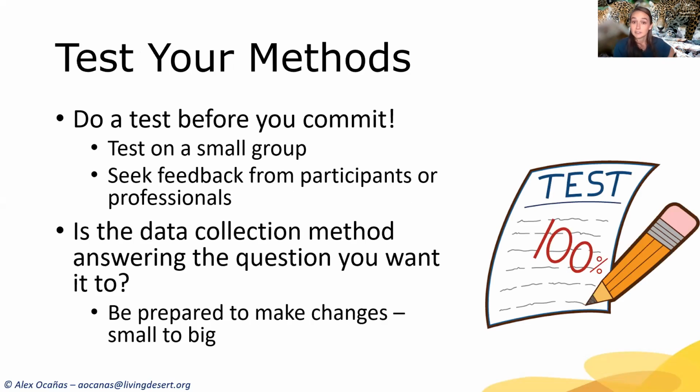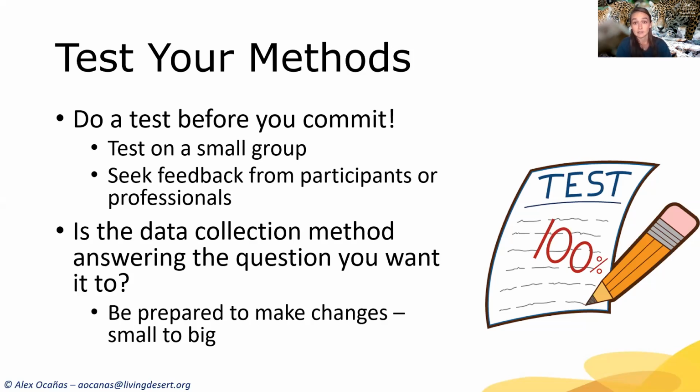So ideally, you would test this on a small group of your desired research participants that you would be sampling to see how they interact with the method, to see if you're collecting the data that you really wanted to. You can even ask them directly for feedback. What did you think of this? What needs to be changed?